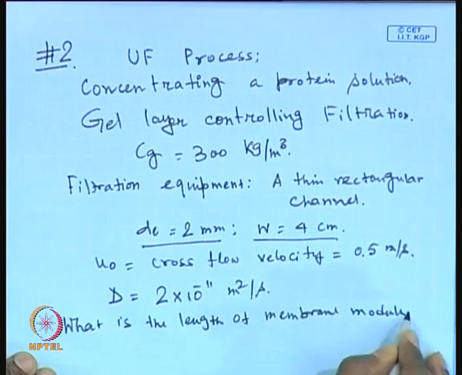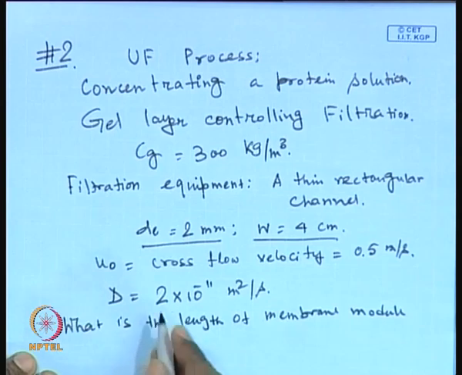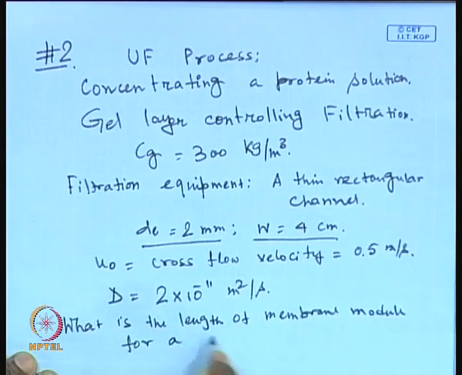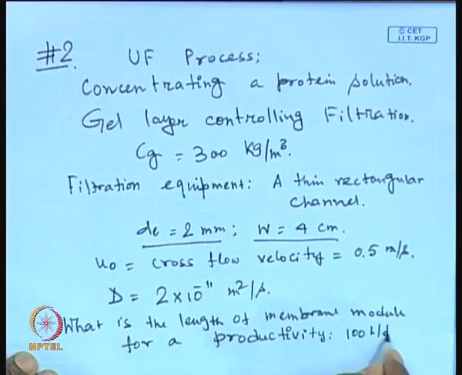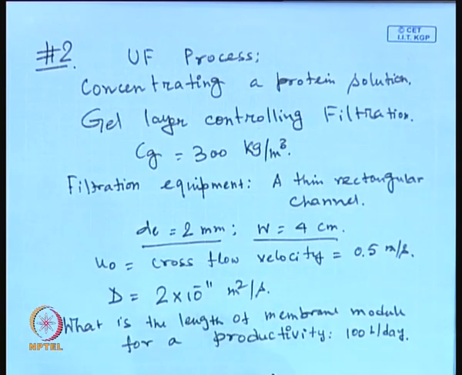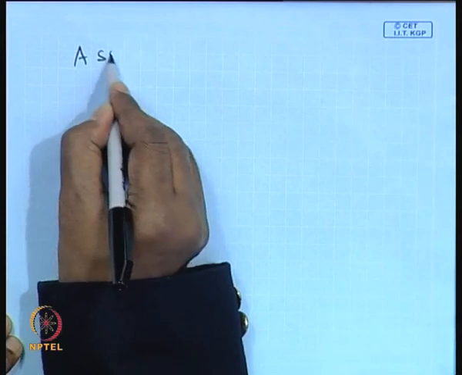If you are targeting a filtration rate, a productivity, if you would like to produce a concentrated protein solution at the rate of 100 liter per day, what is the requirement of the length of the channel that we are going to design? Again, here we will assume a laminar flow.